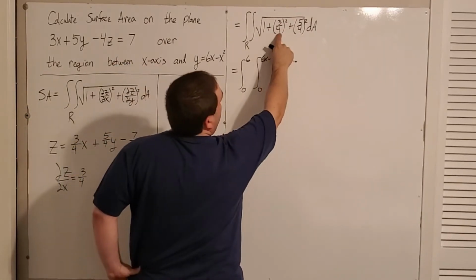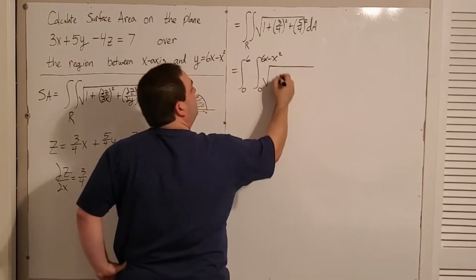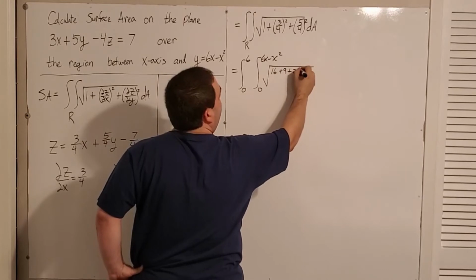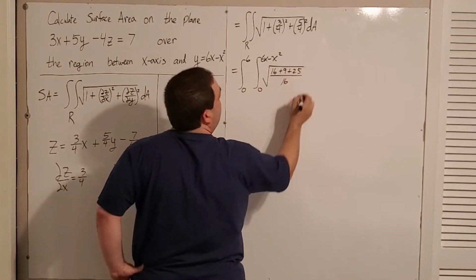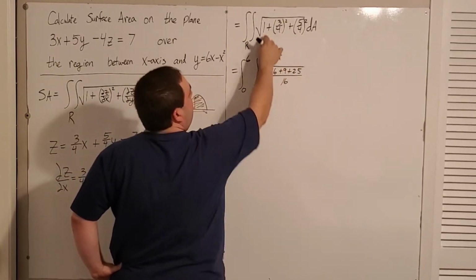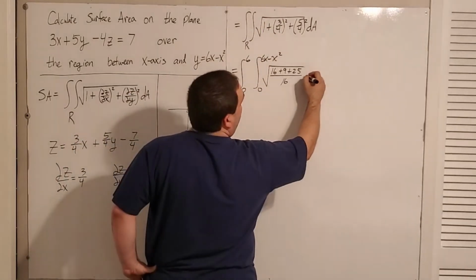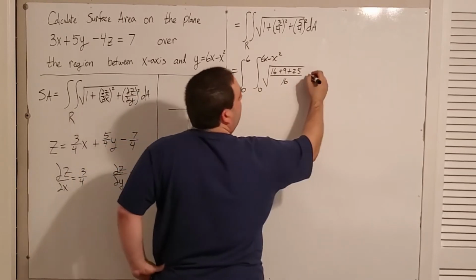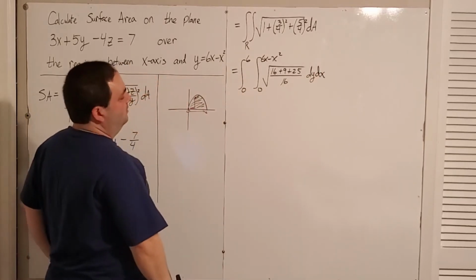That's going to end up being the square root of (16 plus 9 plus 25) all over 16, because the 4 squared here is going to be 16, and I just do 16 over 16 for the 1. And instead of dA, I've actually got my boundary set up here. That's going to be dy dx. Okay?